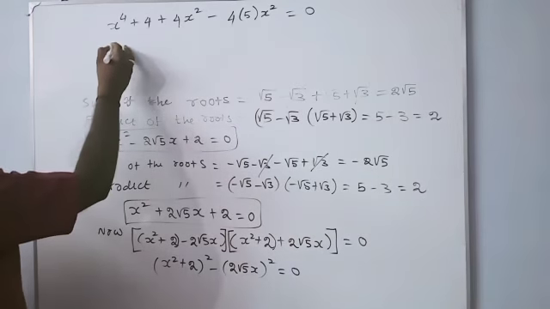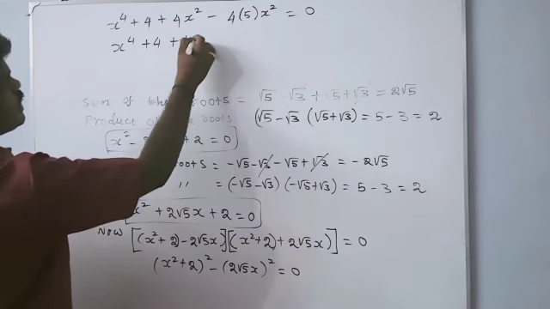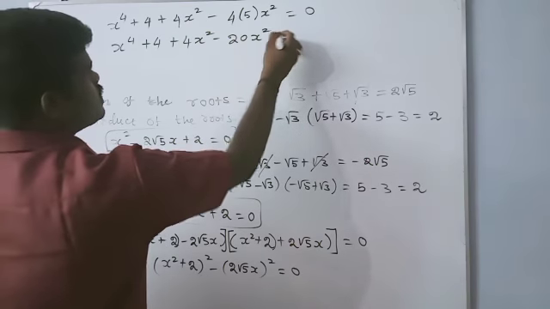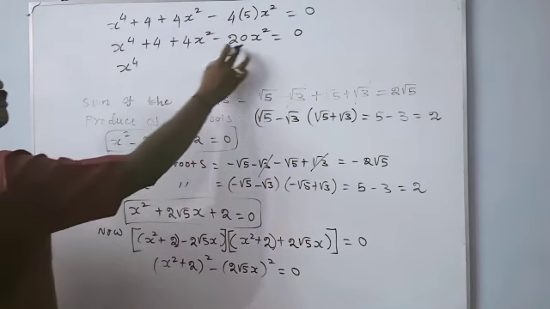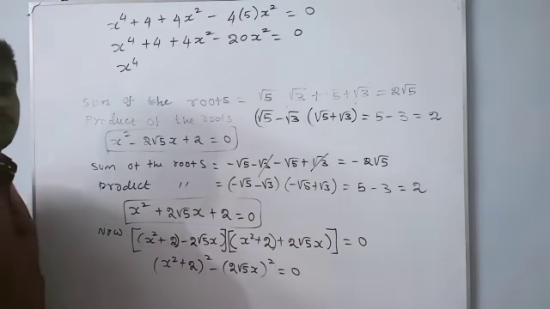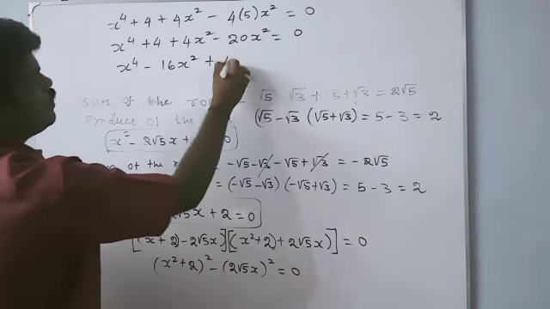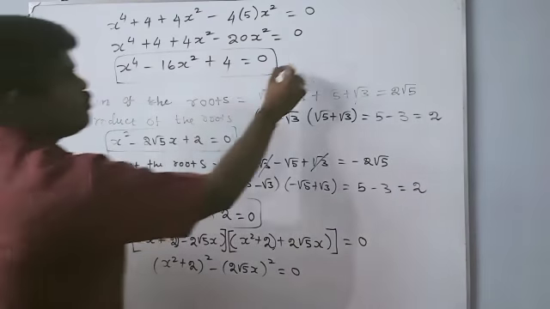Therefore what is the value? x power 4 plus 4 plus 4x square minus 4 into 5, 20x square, is equal to 0. Now x power 4, subtract these two terms: minus 16x squared plus 4 equal to 0, which is the required fourth degree polynomial.